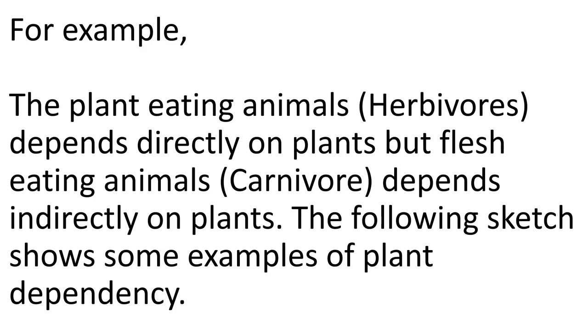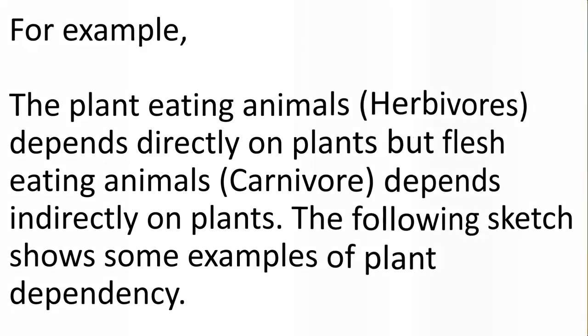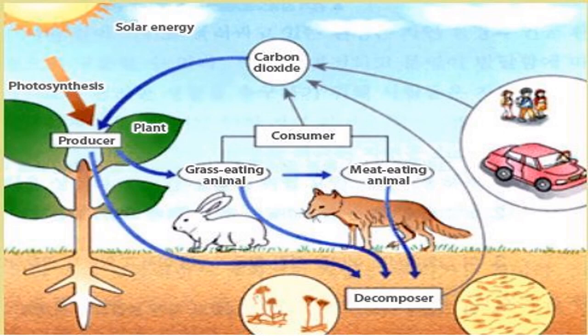The following sketch shows some examples of the plant dependency. Through this diagram, we can clearly see that producers, that is, green plants, synthesize their food by the process of photosynthesis, which is directly consumed by grass eating animals, or we know them as herbivores.